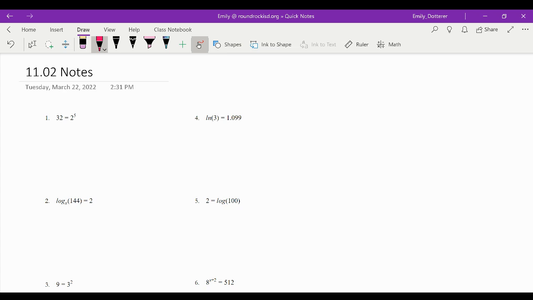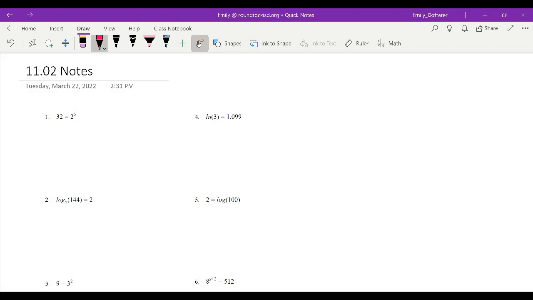Okay, so today what we are going to do is convert between exponentials and logarithms, and then we're going to use that to solve. So remember that exponentials and logarithms are inverses, which means we have the ability to convert between the two.